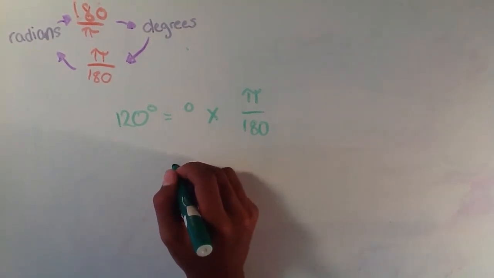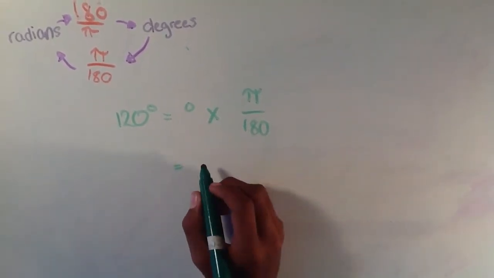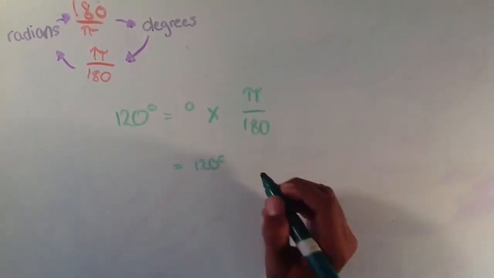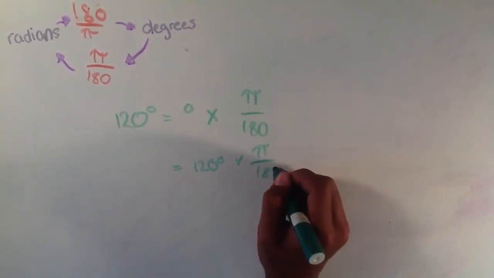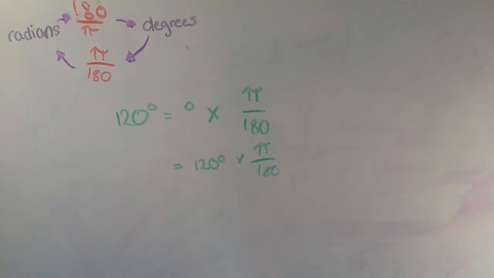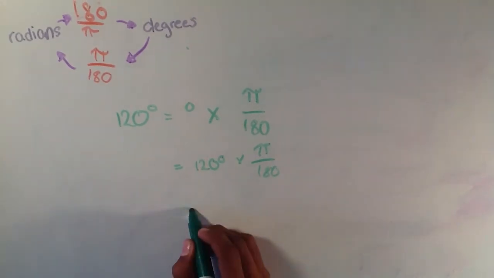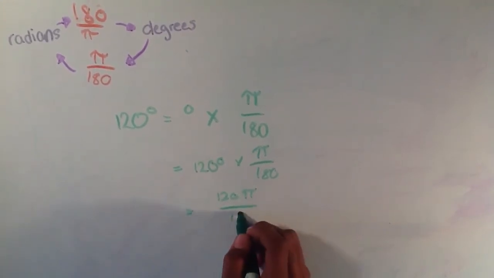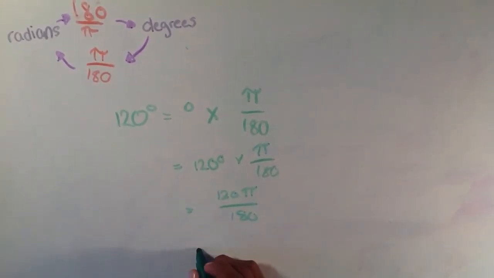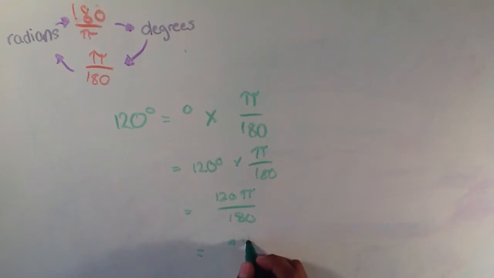If we substitute these values in, that is 120 degrees times pi over 180, which is equivalent to 120 pi over 180, which simplified equals 2 pi over 3.